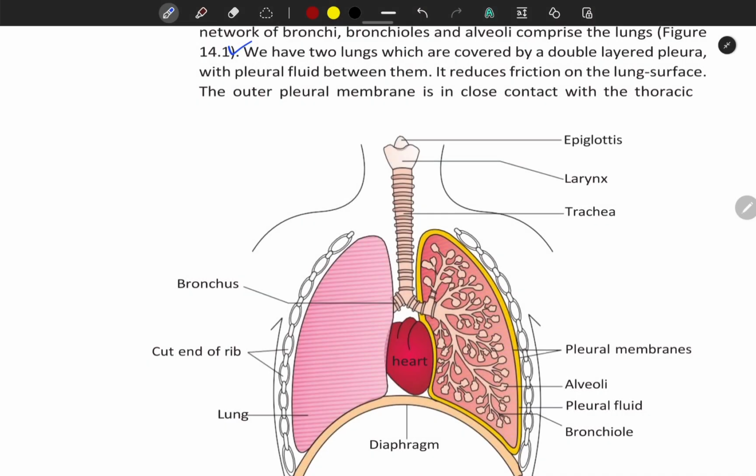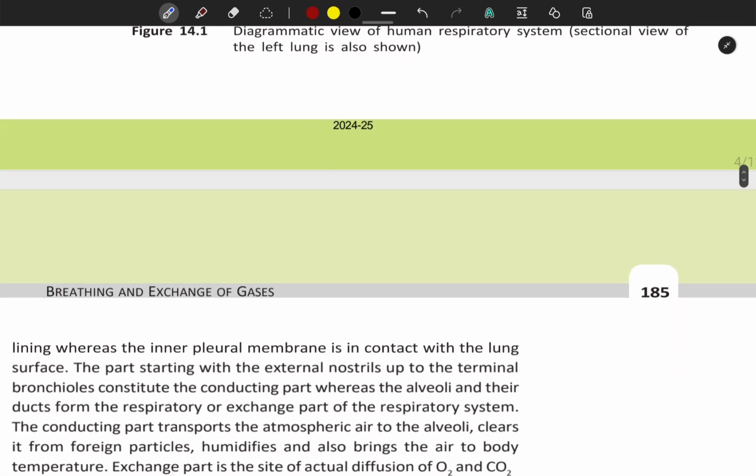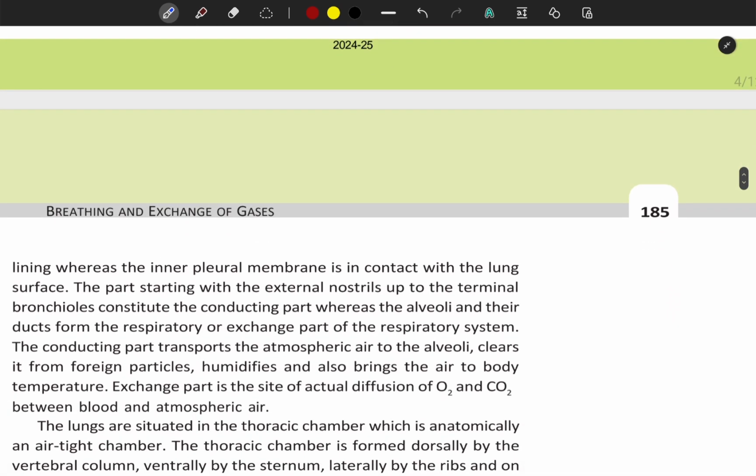We have two lungs which are covered by a double-layered pleura with pleural fluid between them. It reduces friction on the lung surface. The outer pleural membrane is in close contact with the thoracic lining, whereas the inner pleural membrane is in contact with the lung surface.